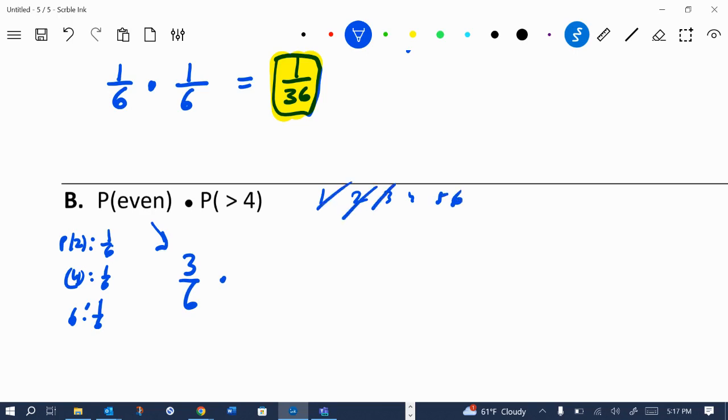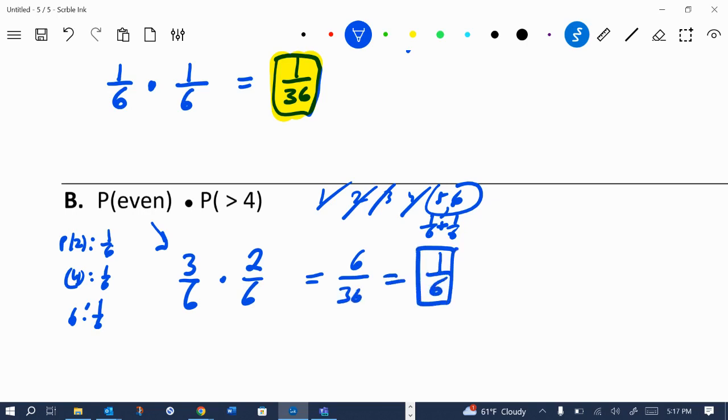Greater than 4 means not using those, only 5 or 6, and that's 2 out of 6. So we would have 3 over 6 times 2 over 6, which is 6 over 36, which reduces to 1 over 6. So you actually have a 1 out of 6 chance of rolling an even number, and then on the next roll getting a 5 or a 6, if you did it in that order, of course.